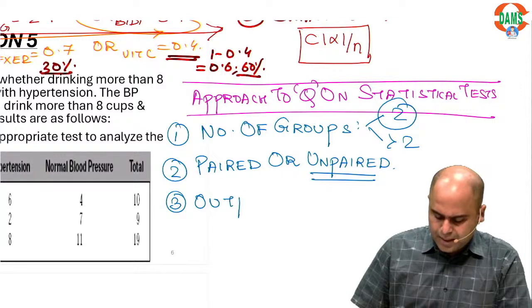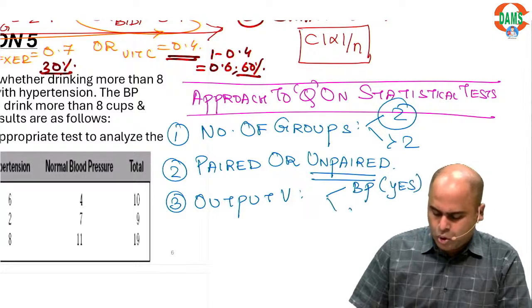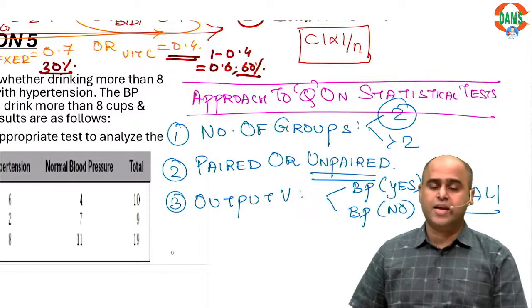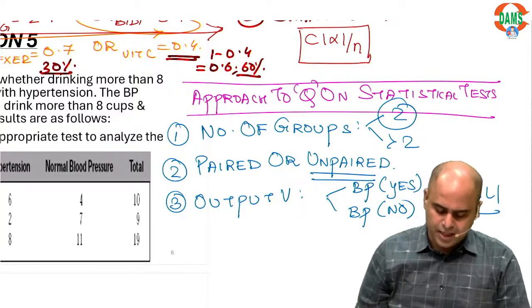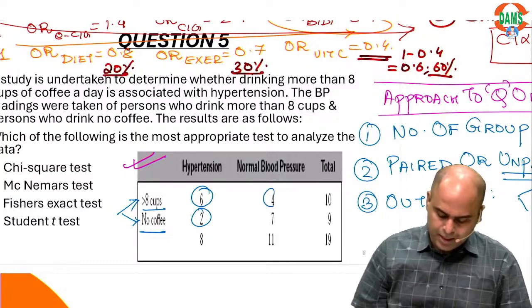Output variable. We have taken BP yes or BP no. So this is quali. Now majority of students get bold with a googly over here because they think it is quanti by seeing numbers.